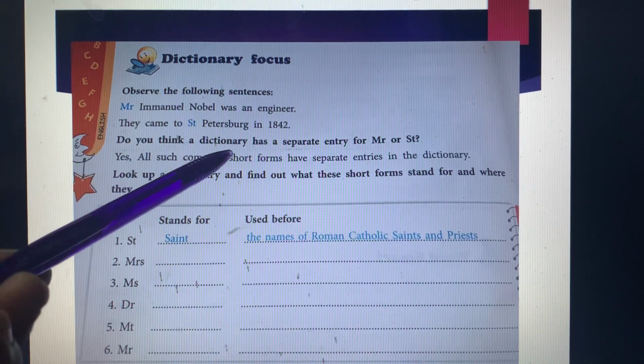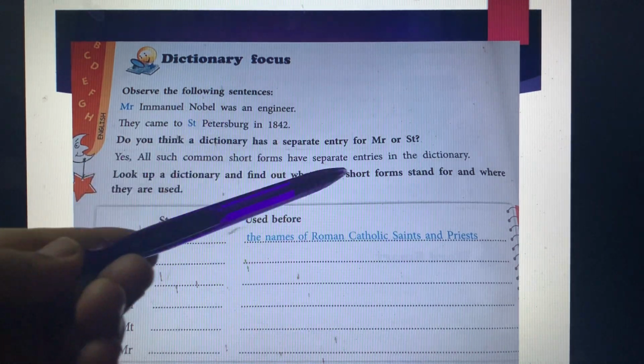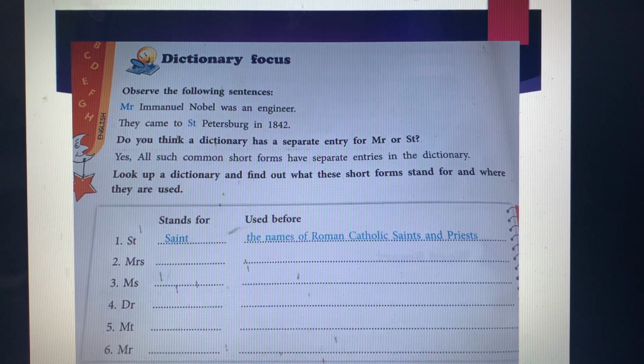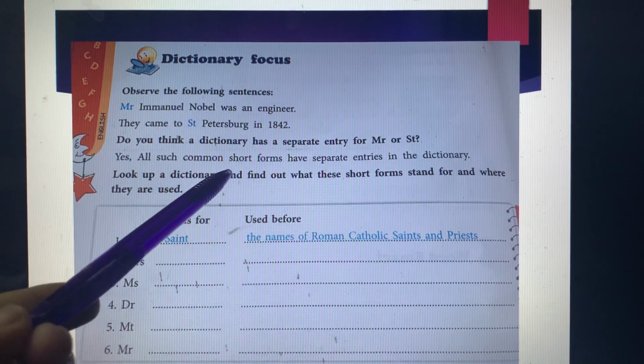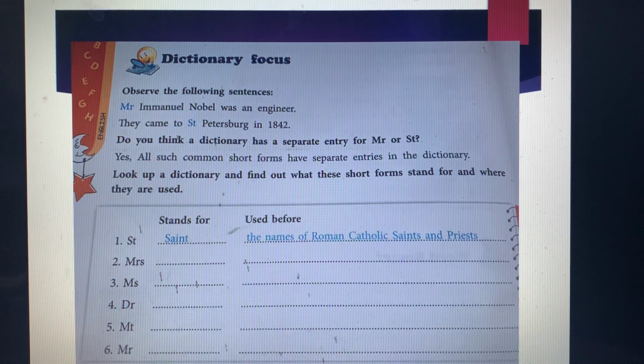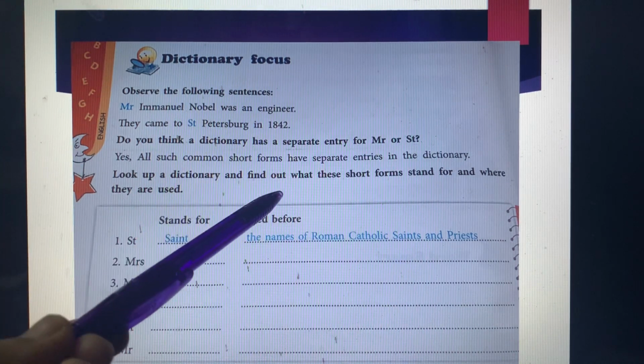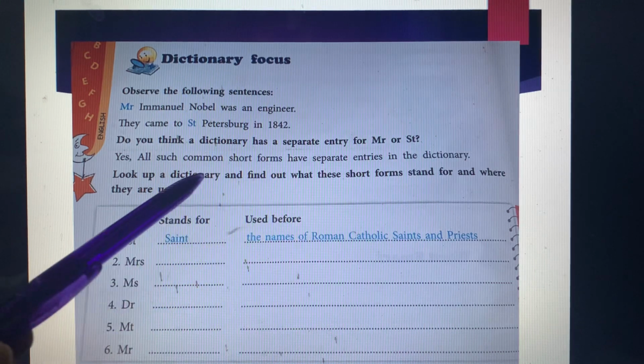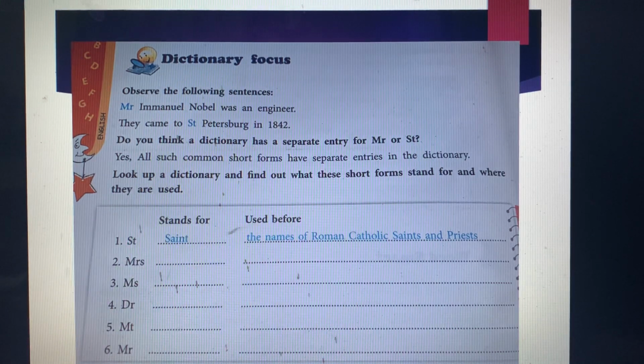Do you think a dictionary has a separate entry for this Mr. or St.? Yes, it has. All such common short forms have separate entries in the dictionary. They do have separate entries, in different places in the dictionary. Look up the dictionary and find out what these short forms stand for and where they are used.